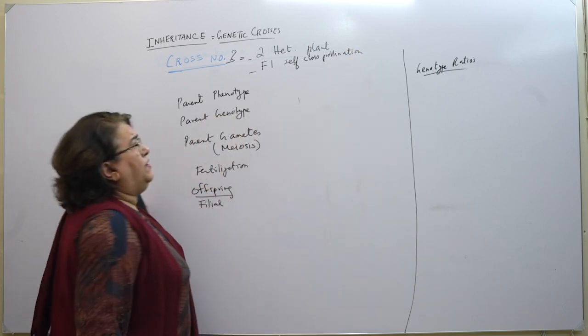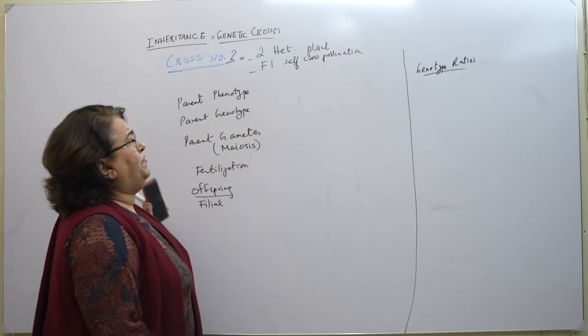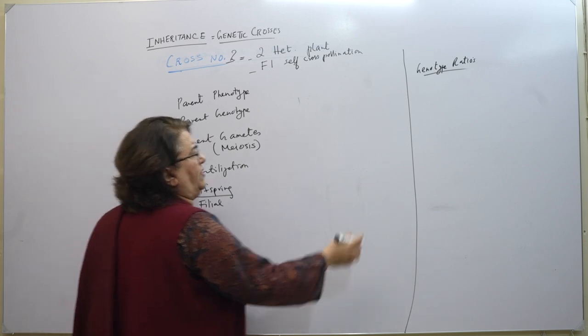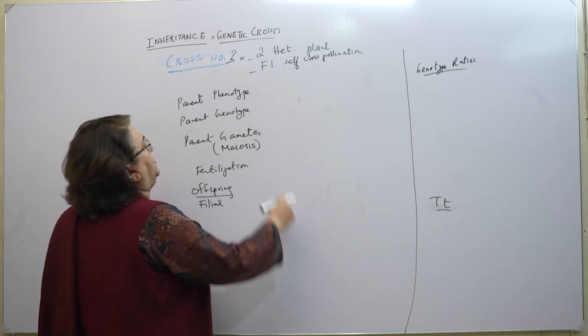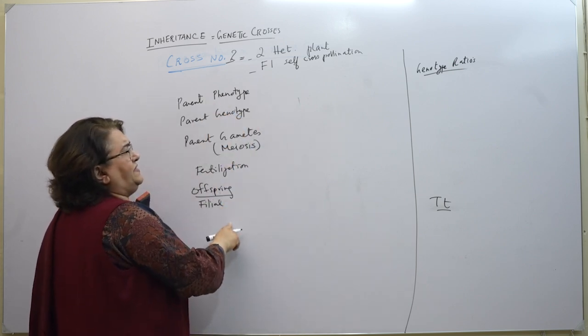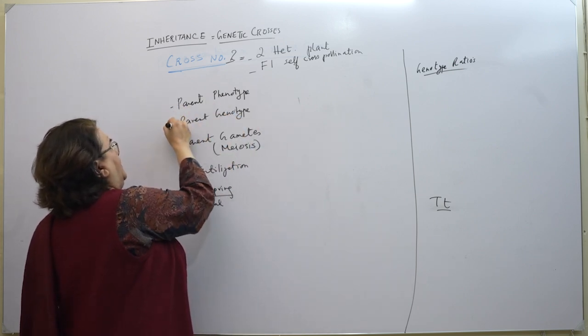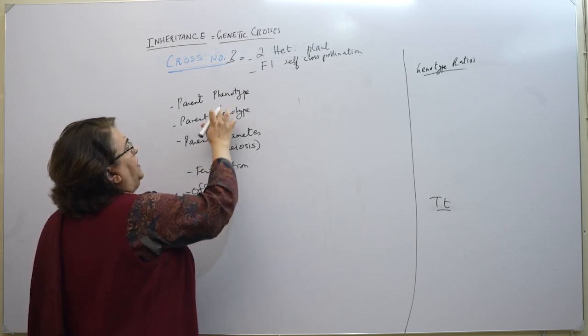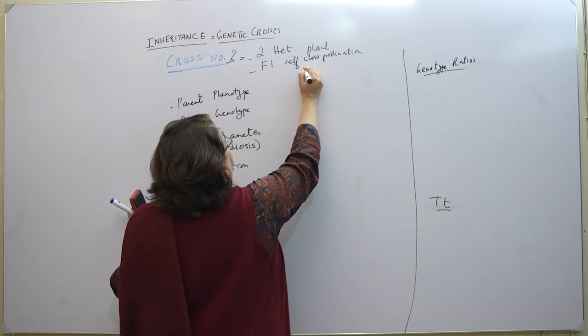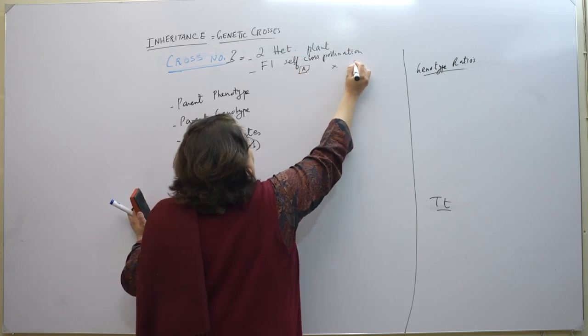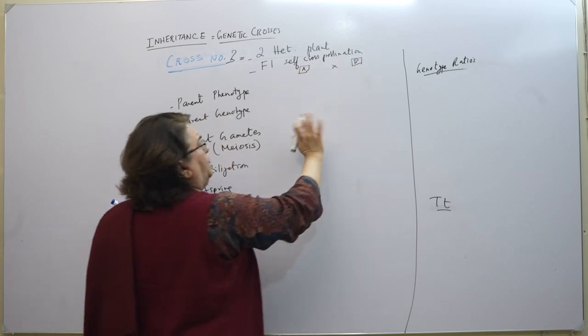I hope this is clear. What I mean is, the outcome we got in the first one was this, and the headings stay the same, so I'm not going to write them down again. You can just follow through. Now, the parental genotype of one plant, for example plant A crossed with plant B, they're both the same.